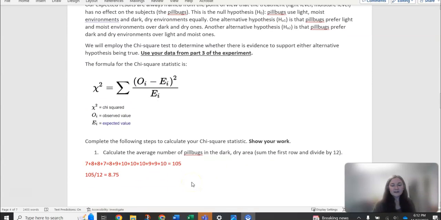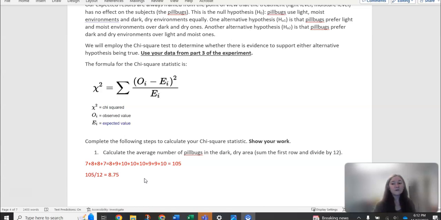Complete the following steps to calculate your chi-square statistic, and remember to show your work. So you can show it as I have here. Number one is calculate the average number of pillbugs in the dark dry area. What you want to do there is sum the first row and then divide by 12.